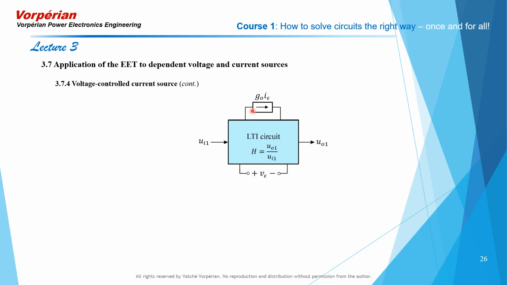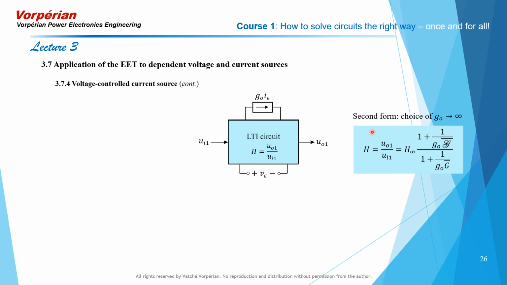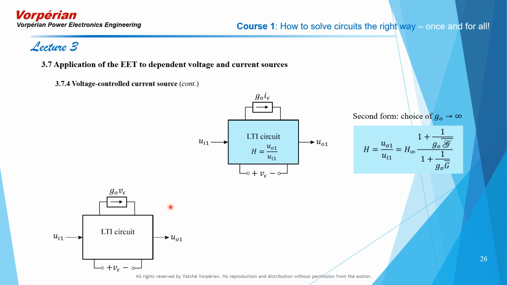Now, if we wanted to choose G0 as infinity, then the transfer function would take this form here. And the computation of H infinity is shown in this block diagram here. You let G0 go to infinity.